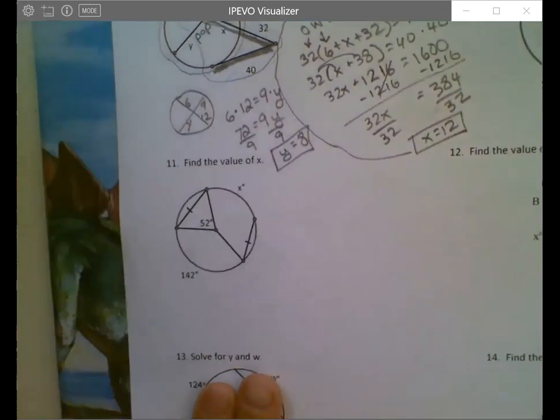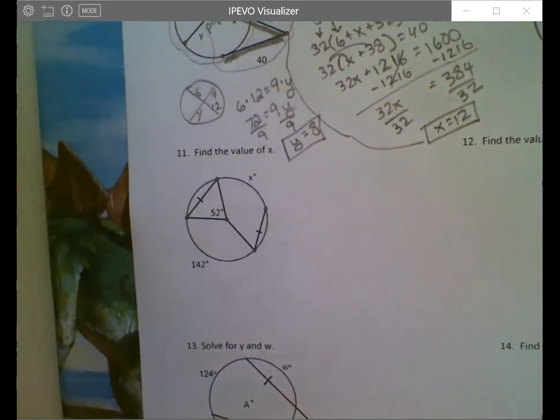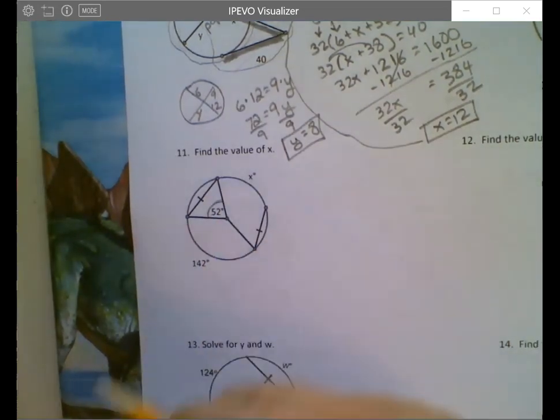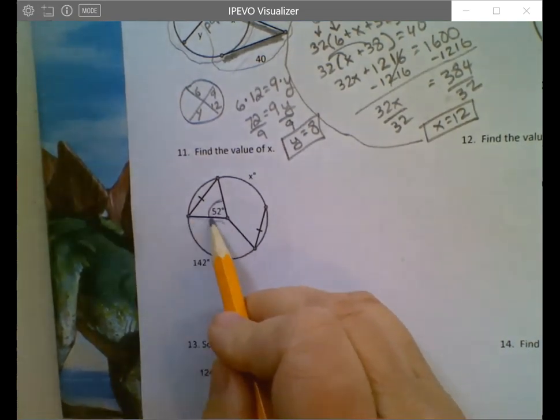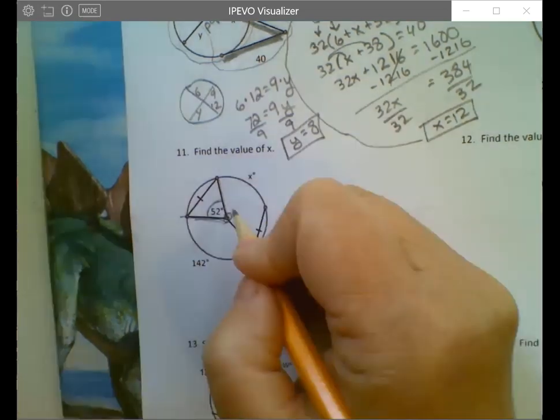All right, this one looks a little different, but we do know some things here. We know that this angle here is 52 degrees, and it's a central angle because the vertex is here at the center of the circle. This is central.